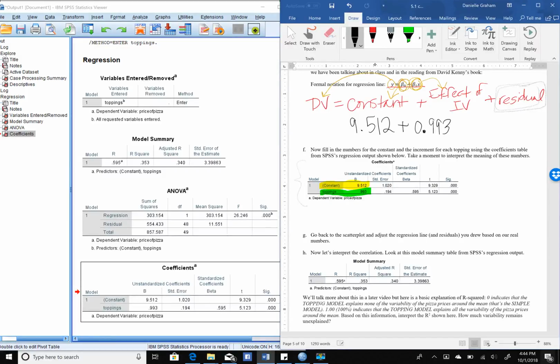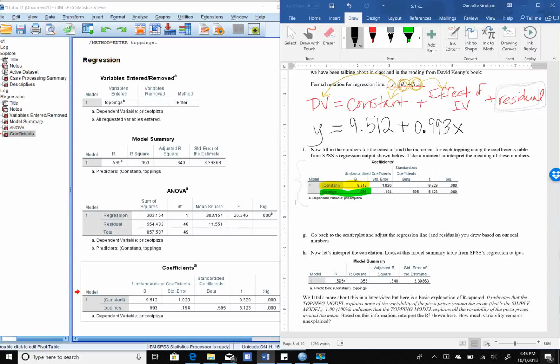And then don't forget, put your x, because that represents our independent variable. So now our whole regression line, if you can read my writing, says y equals 9.512, our constant, plus 0.993x, where our y represents the price of pizza and our x represents how many toppings.